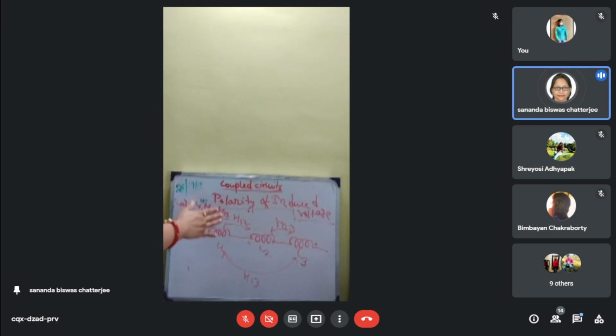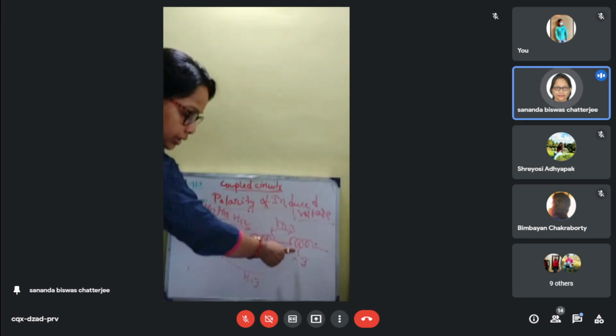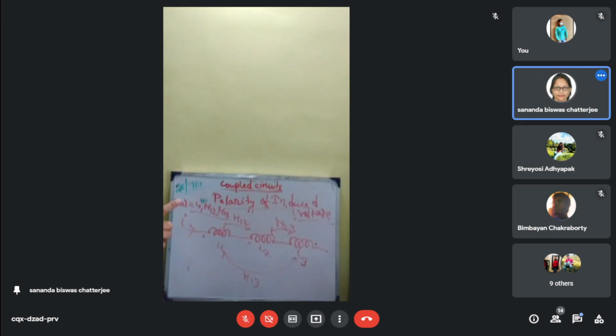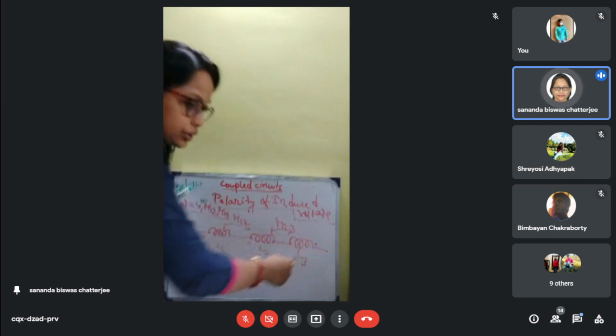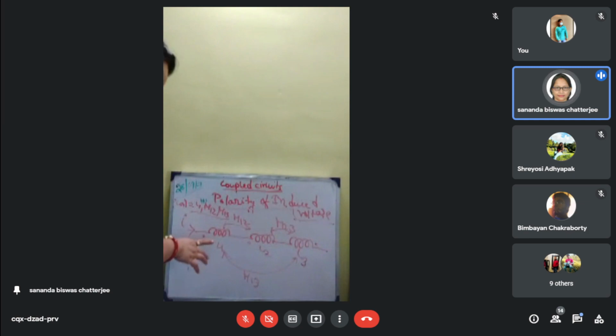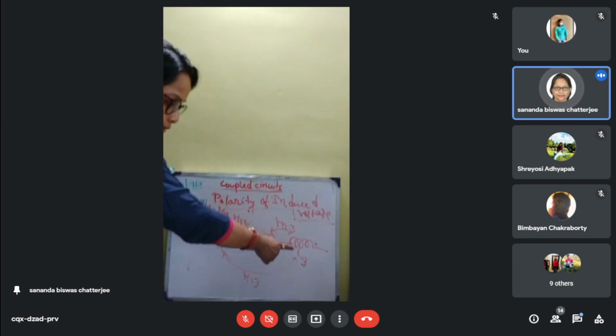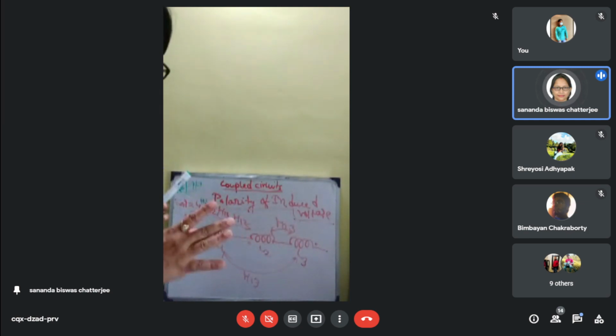Okay. Next, for M13, we have to put the value of the sign. M13 means the mutual inductance between coil 1 and coil 3. Now, for coil 1, current is entering, the dot is in the entering position. Then the current is flowing like this, but for 3, the current is in the leaving position. That means for coil 1 and coil 3, the dots are not in a similar position.